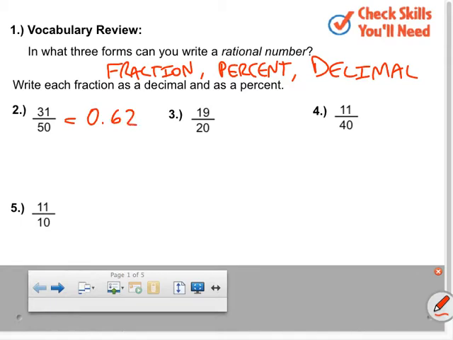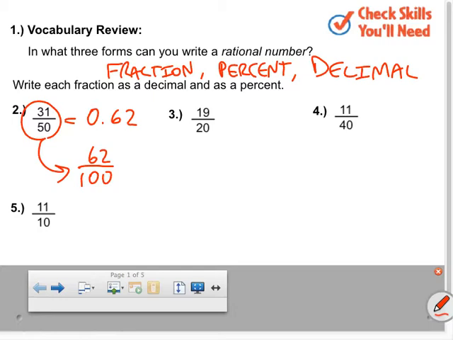Who had a shorter method? Christian. So I know that half of 100 is 50. So if you take this and come up with the equivalent fraction, you know that 50 times 2 gives you 100, and so 31 times 2 gives you 62 over 100, right?